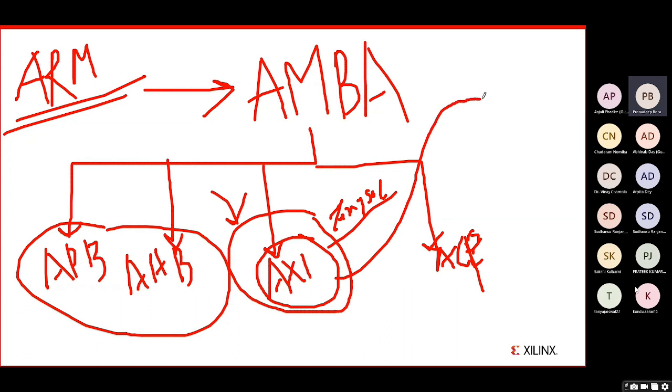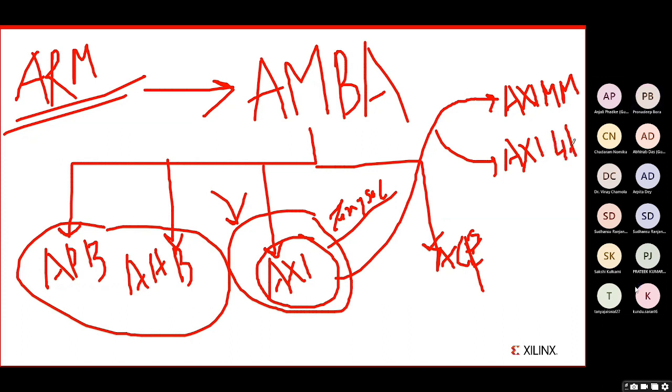Inside AXI also, we have three types. We have AXI memory map, that is AXI full. We'll have a discussion on all those things. Then AXI Lite, where we'll see what the differences are, and also AXI Stream.